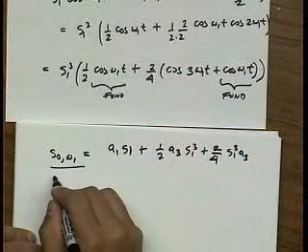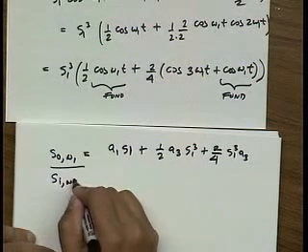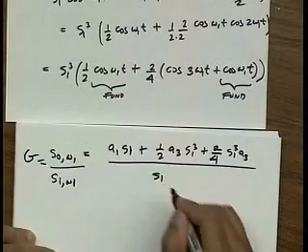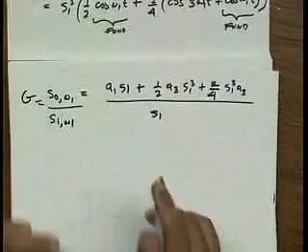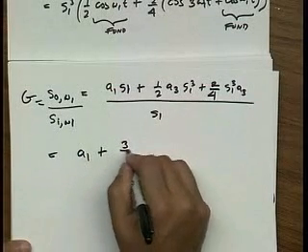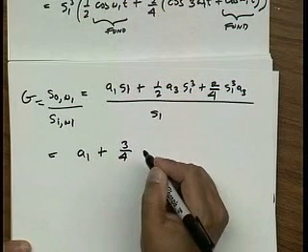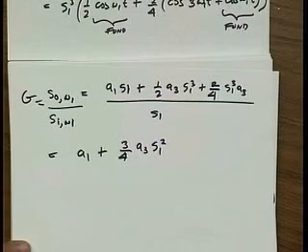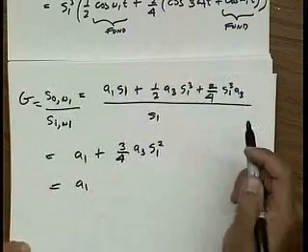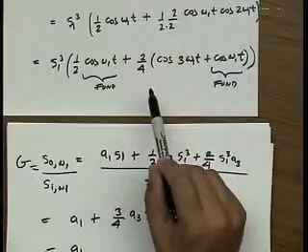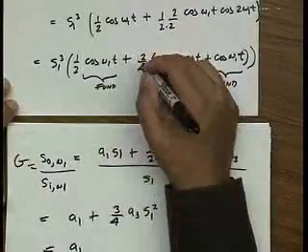And if I divide that by the input at omega 1, that's my gain. Well, that's simply S1. So my apparent gain is A1 plus these terms just add, so 3/4 A3 S1 squared. And I can factor out A1. Let's go back here. So it's 1/2. This is 1/4.